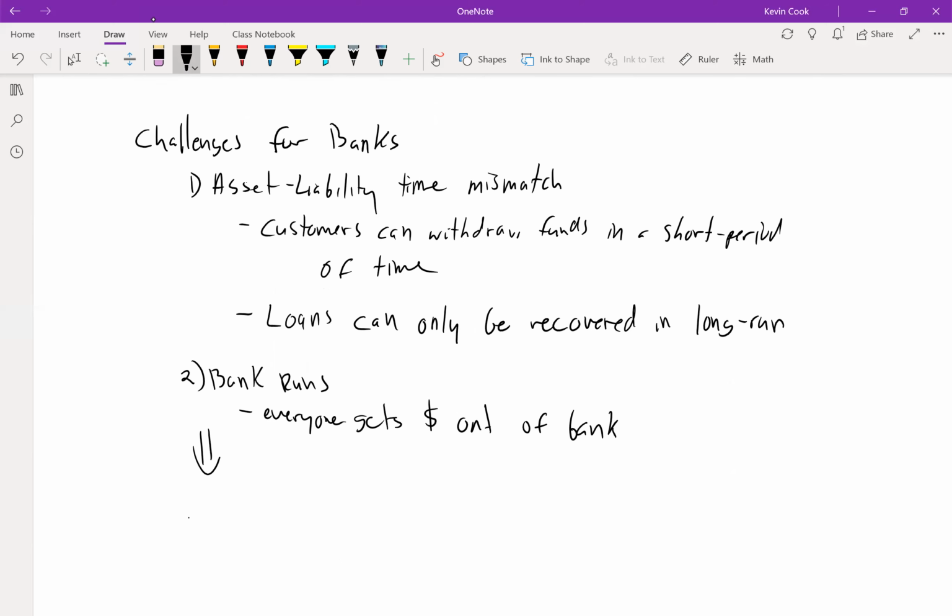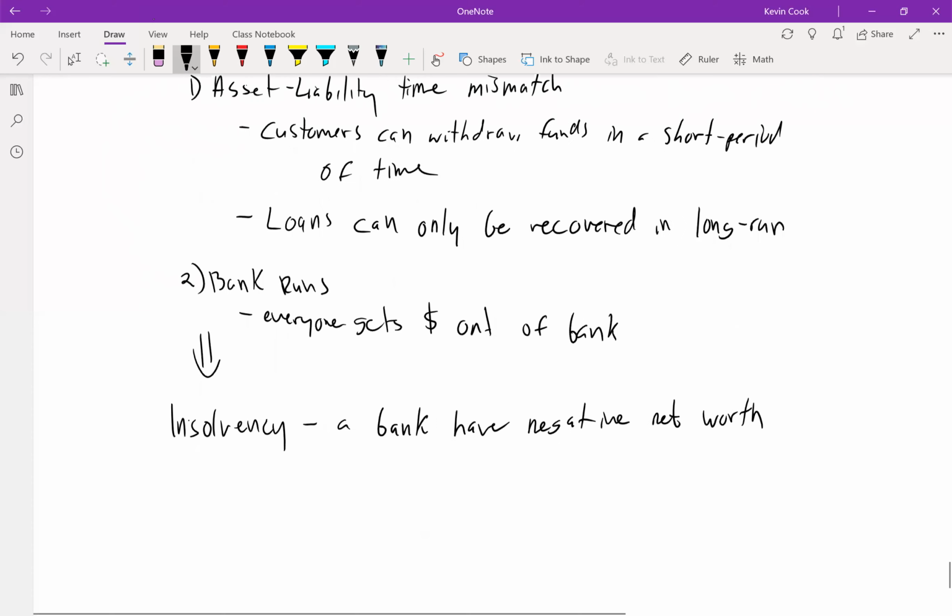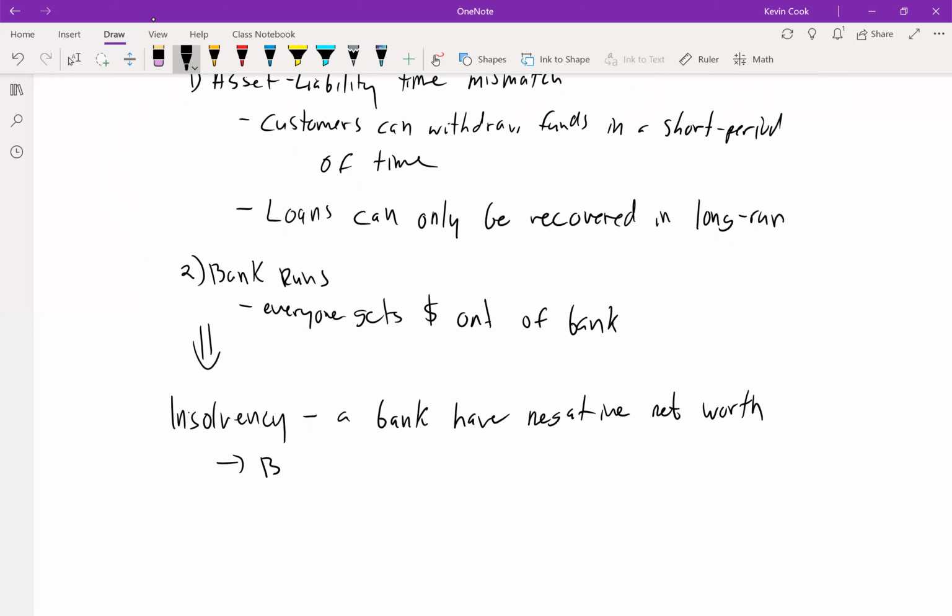The other things that we see lead to the potential for what's called insolvency. This basically means that our bank will actually have negative net worth, and this could lead to bankruptcy for the bank, which would be bad.